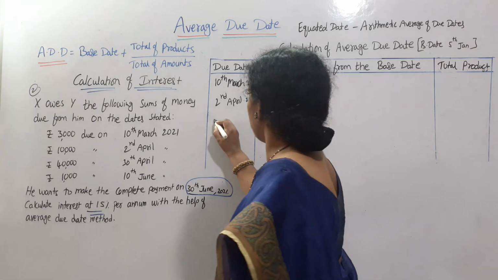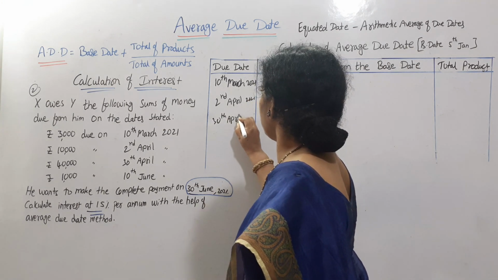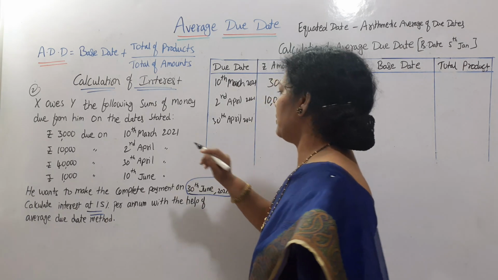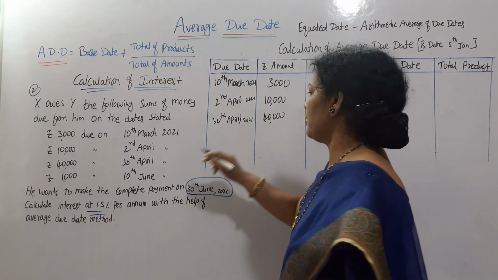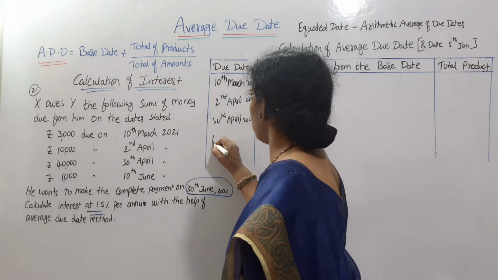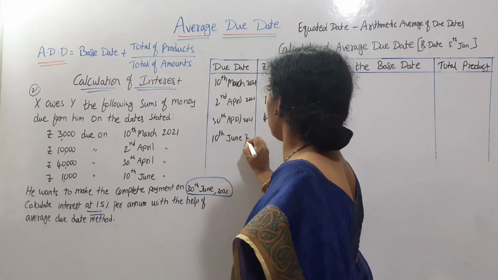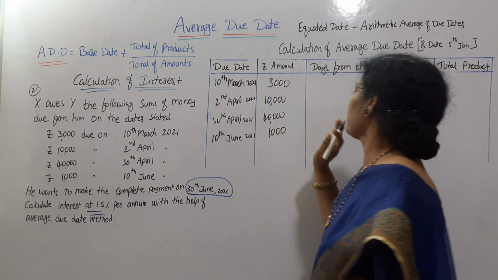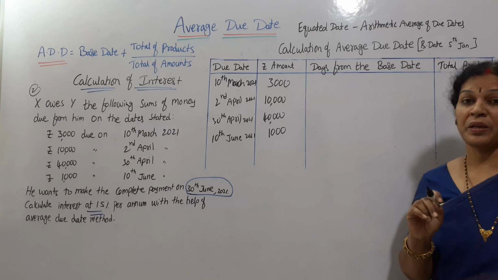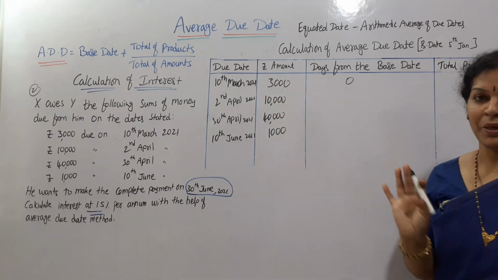Next 30th April, 40,000. Next 10th June, 1,000. Now we have to calculate the days from the base date. The base date is 10th March, so 0.